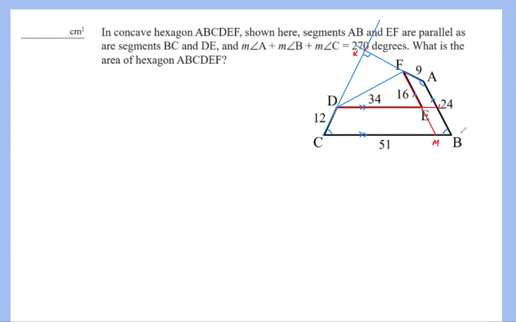So we know that the angle B is congruent to the angle at B right here because AB and FM are parallel. So these two are corresponding angles. And the same idea, since DE and BC are parallel, this angle corresponds to this angle, which is why they are also congruent. So we can say this is also the same as those angles.